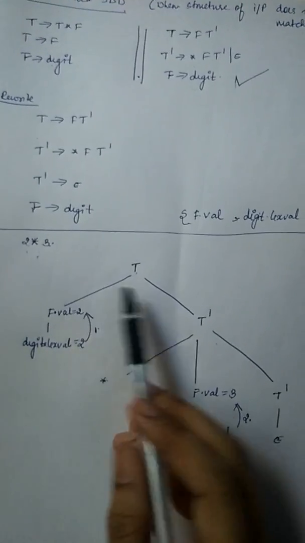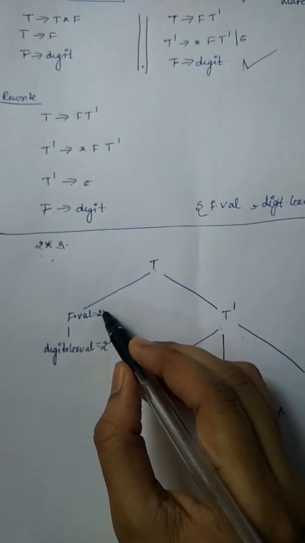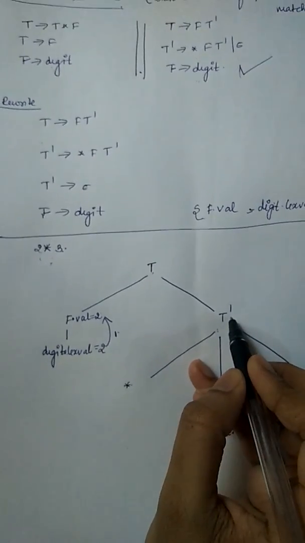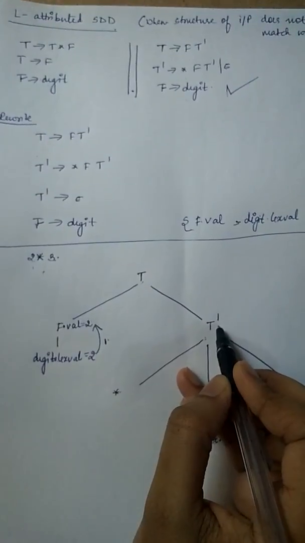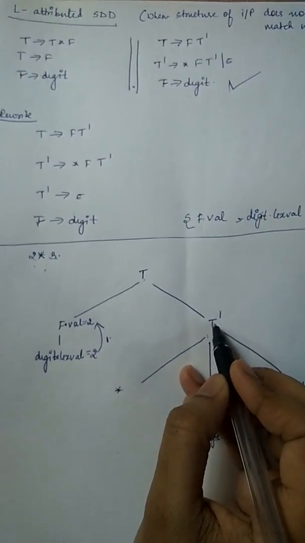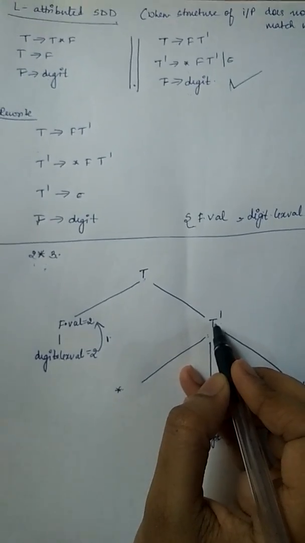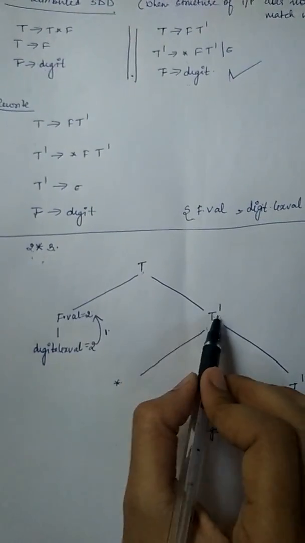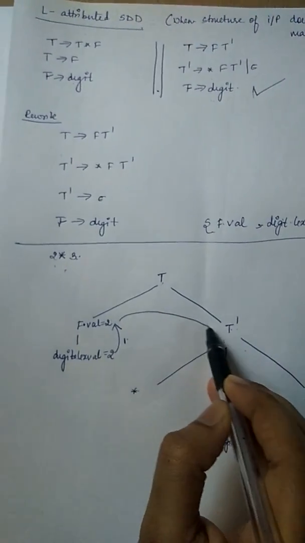So this has to be brought to the right subtree, right? So we can get this 2 to T dash by applying the definition of inherited. And inherited means what? The siblings get their value from the non-terminals that are to their left. So definitely F is to the left of T dash. So we can say that I will pass on F dot val.